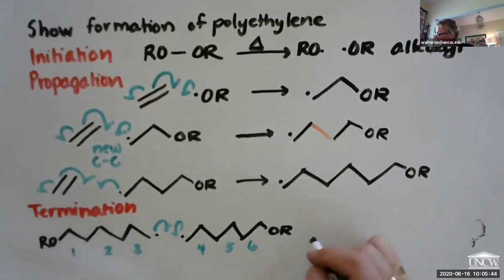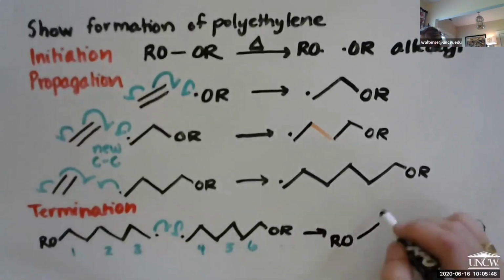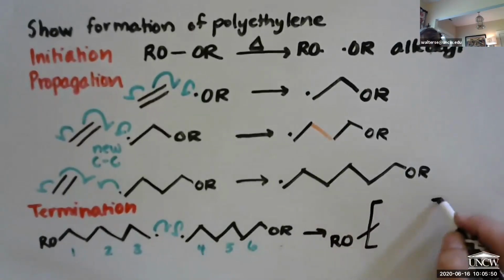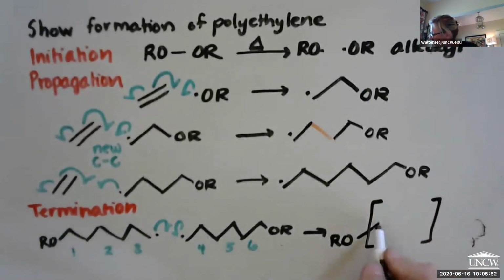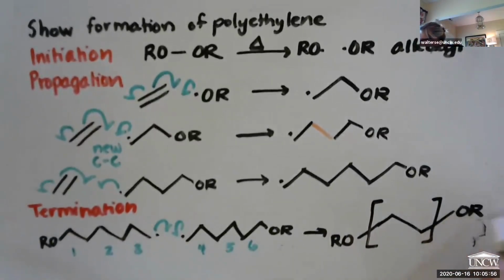So what we would write is RO up into our square bracket, carbon, carbon, up, OR, 6 times.